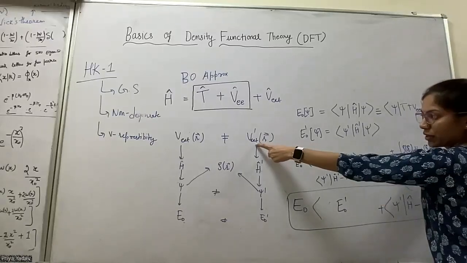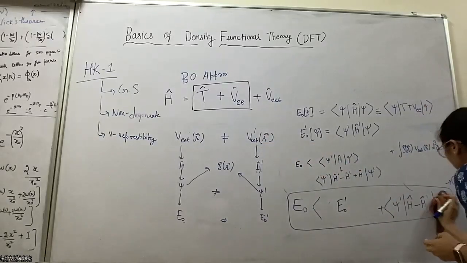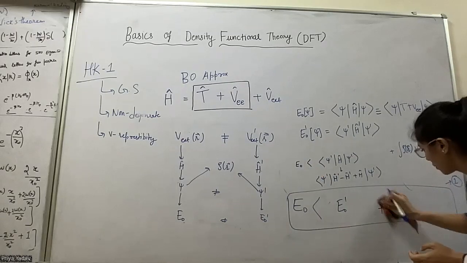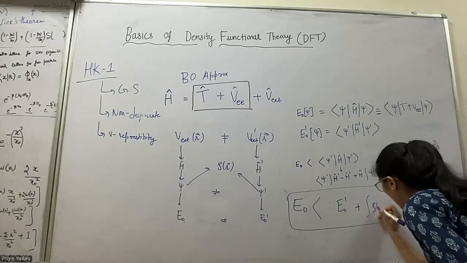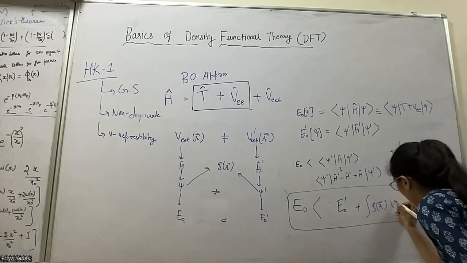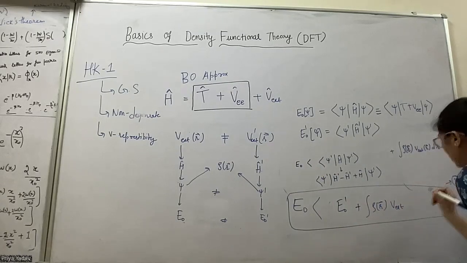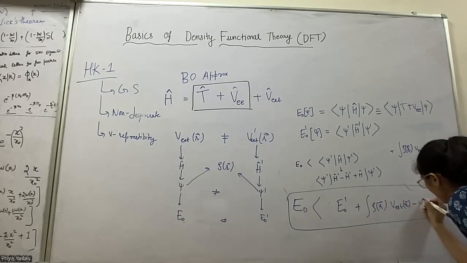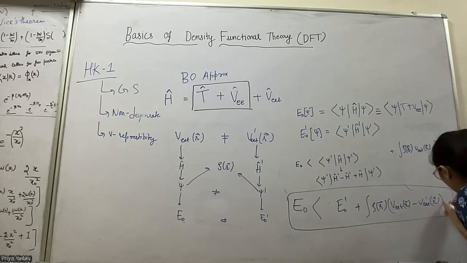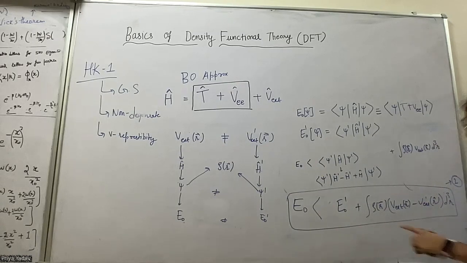So I will get plus the integral of rho r times V external r minus V external r prime d3r. So this is my one equation.